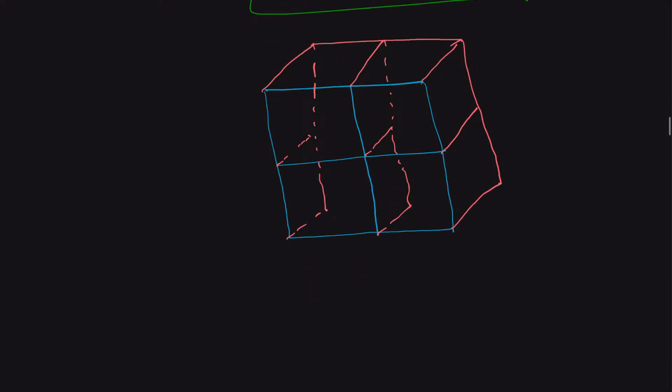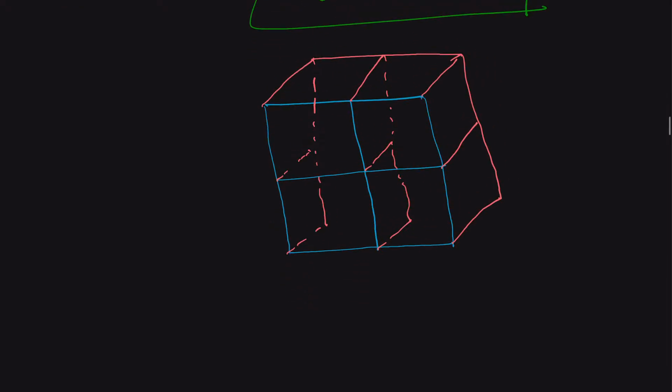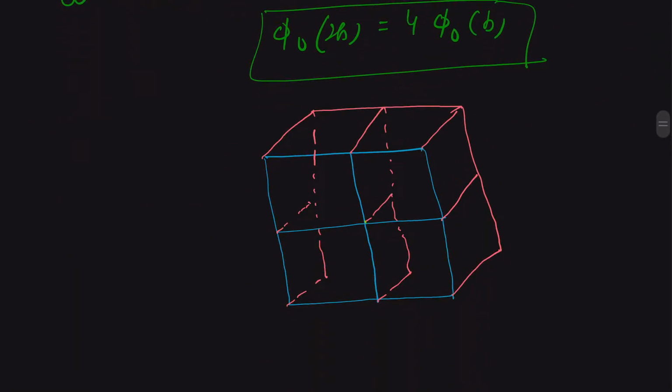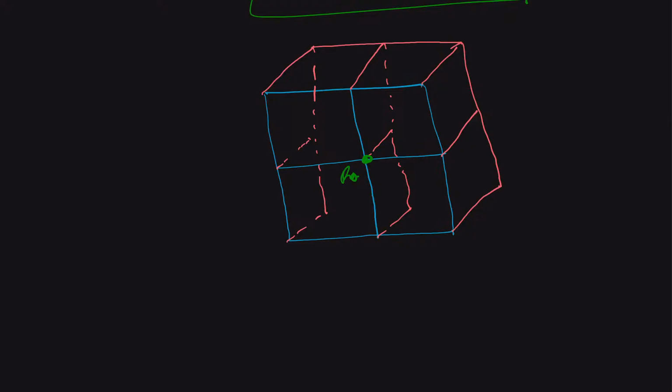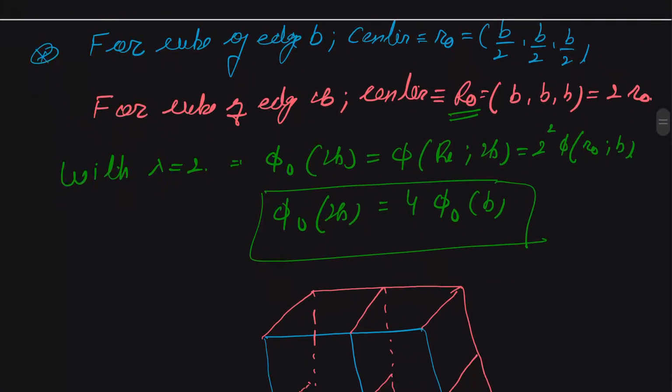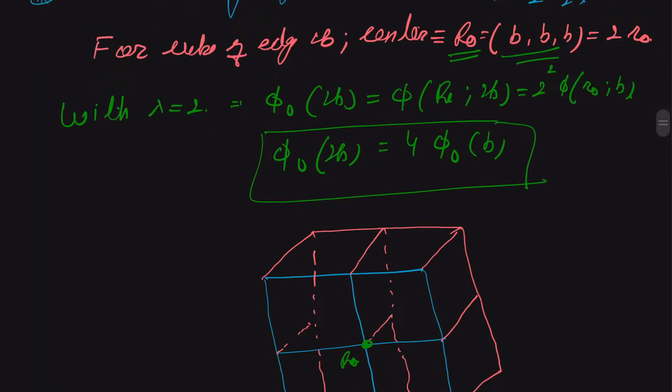So this is a larger cube, and its center we have denoted as capital R0, and it is governed by our edge as 2b. So in this particular case, this is b comma b comma b.